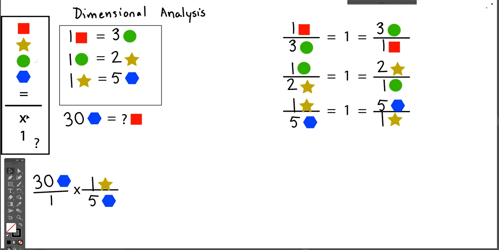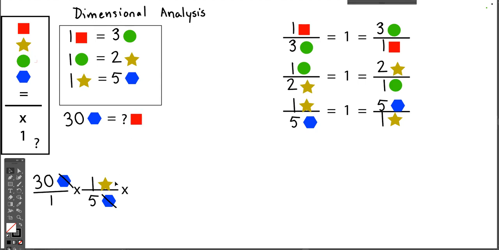But here's what's really cool about dimensional analysis. You can do it all in one step. So now I know I'm going to go ahead and just do this. I'm going to cancel out my blue hexagon and my blue hexagon. So that's great. I don't have to worry about hexagons at all anymore. They're gone. So now let's see what else I can do. I don't want stars, right? The problem did not ask me about stars.